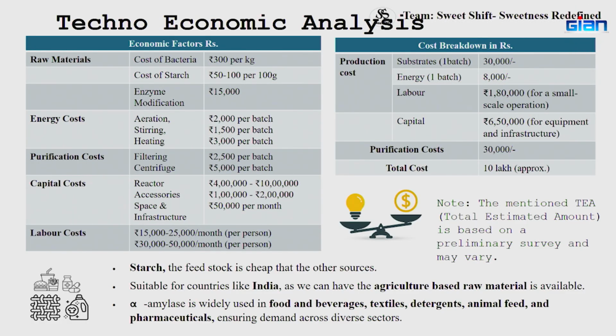Here the enzyme modification cost is reduced because people have already done work on this, compared with that one. So that's why I reduced some cost here. The energy cost covers aeration, stirring and heating, and the purification covers filtering and centrifuge, and the capital cost includes the reactor, accessories and space infrastructure.